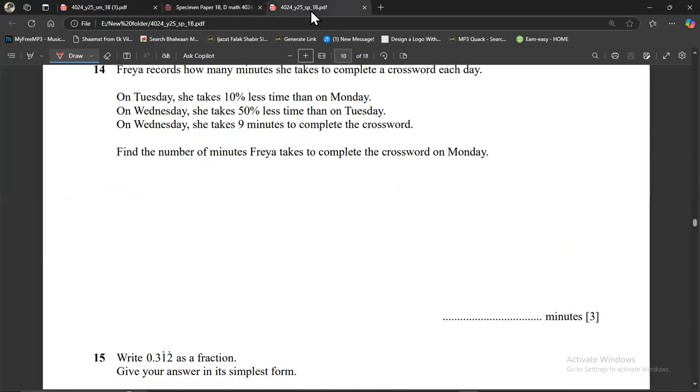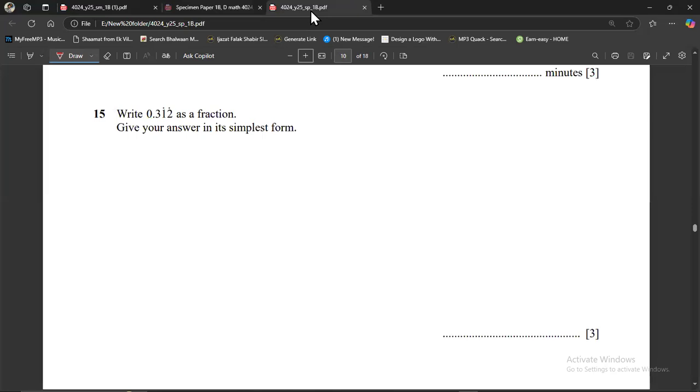Okay, so now we are going to the next question. That is question number 15, which is a new topic which has been added, and these are the non-terminating recurring decimal fractions. So it's 0.312, and on 1 and 2 you can see those dots.